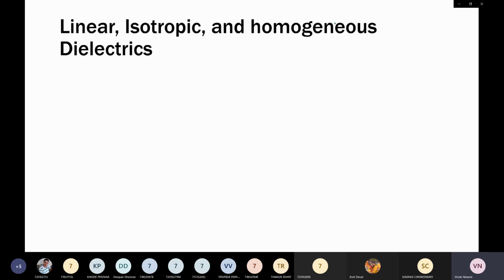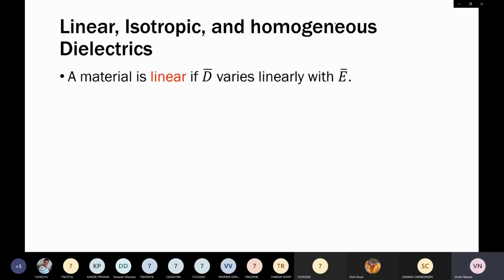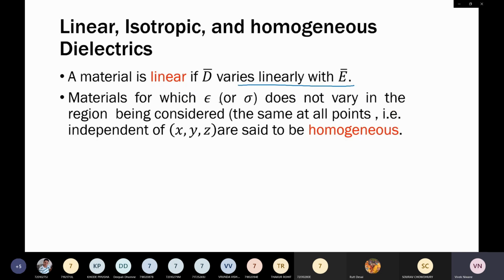We have linear, isotropic, and homogeneous dielectrics. A material is linear if D bar varies linearly with the electric field. If the electric field increases, the electric flux density also increases. Materials for which epsilon, the permittivity of the material, or sigma, the conductivity of the material, does not vary in the region being considered.